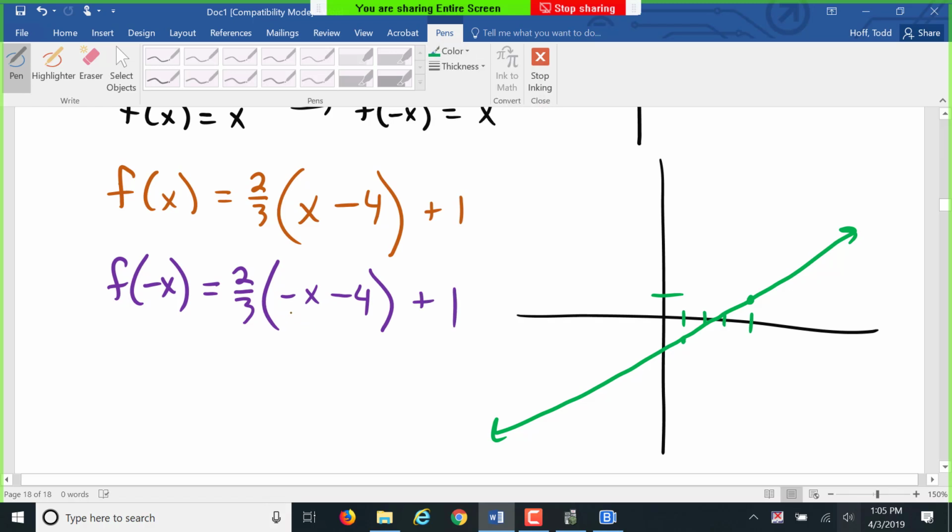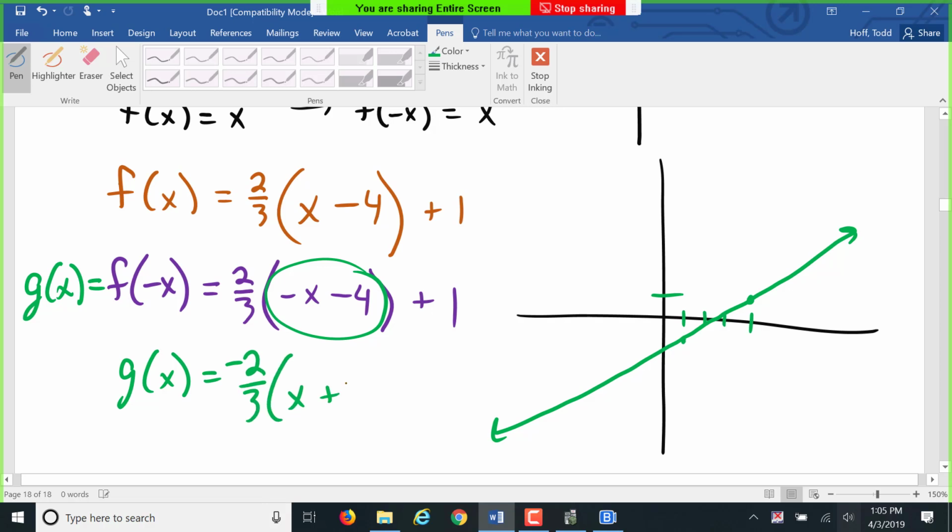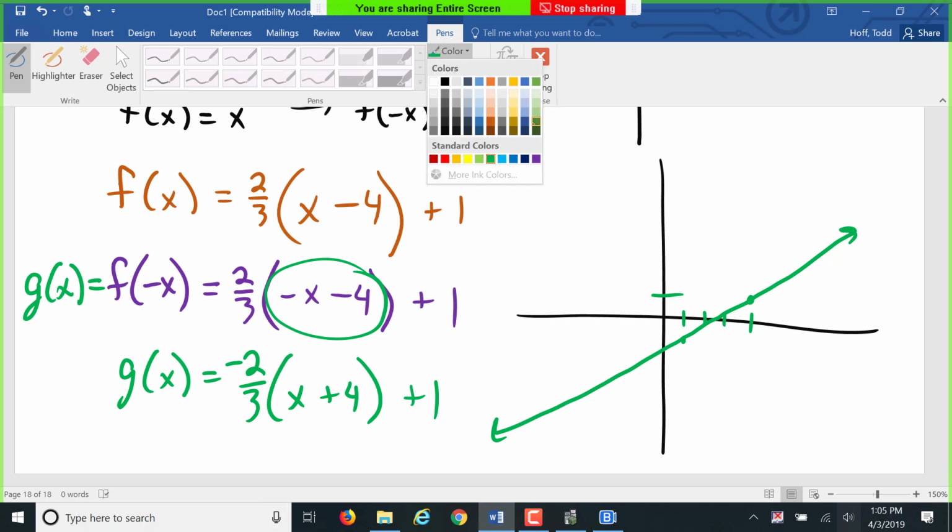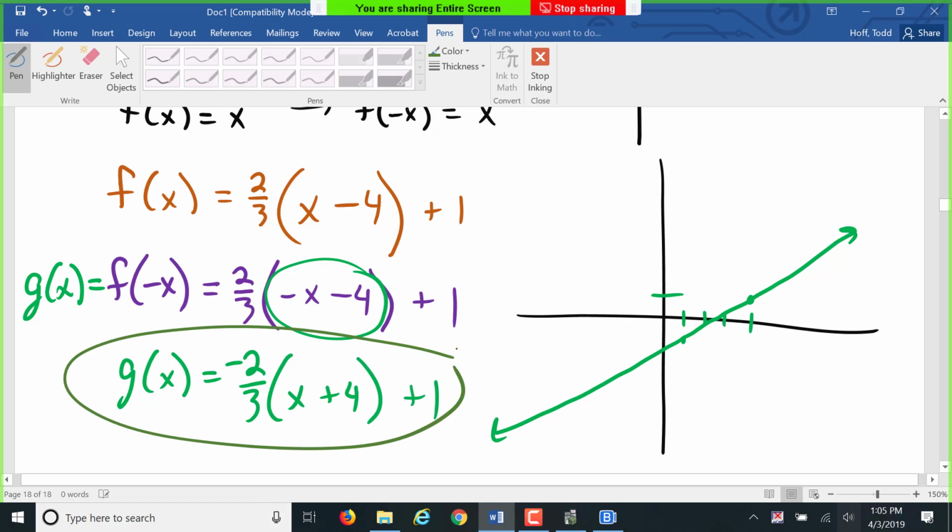What we have to do is factor out, because this needs to be x here, we need to factor out a negative 1 from this parentheses. If I factor out a negative 1, I'm going to let g of x equal that function. G of x, the negative 1 goes with the 2/3. This is now negative 2/3 times x plus 4 plus 1. So what's changed here? Well, this goes through not 4, 1, but negative 4, 1.